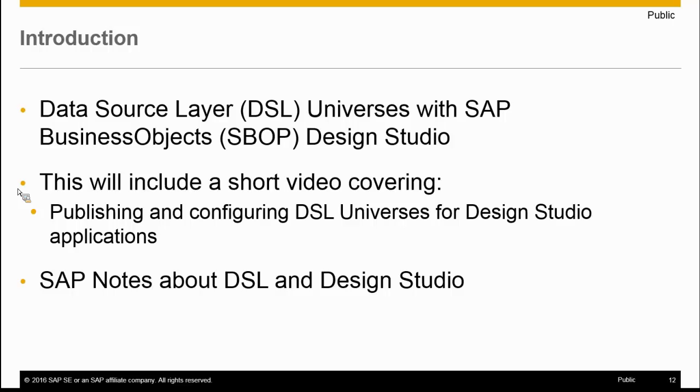This will include a short video covering the publishing and configuring of DSL universes for Design Studio applications. This will be followed by SAP notes about DSL and Design Studio.